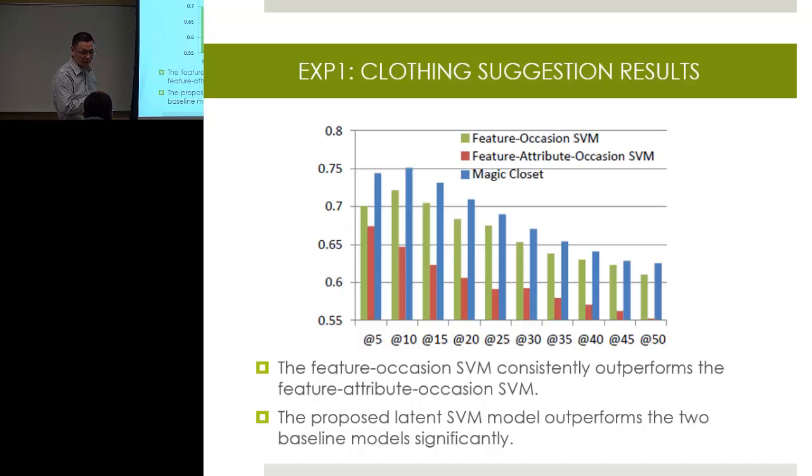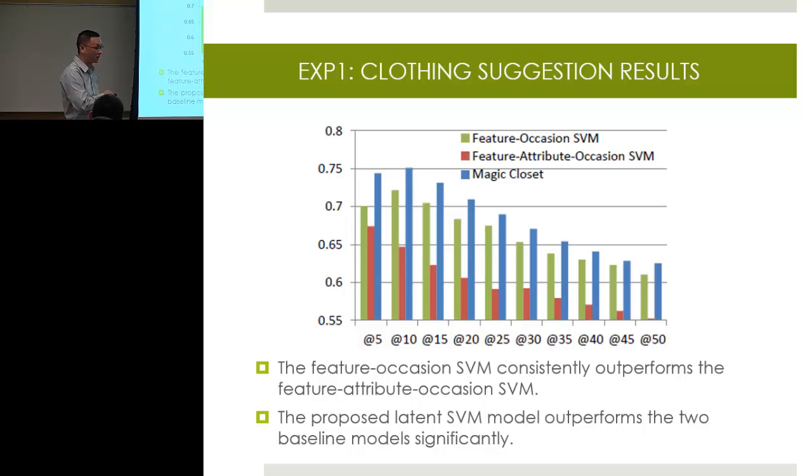So are you going to explain intuitively why the magic closet is much better than that, besides the details? Basically, the magic closet describes the criteria on how to wear properly and how to wear elegantly.